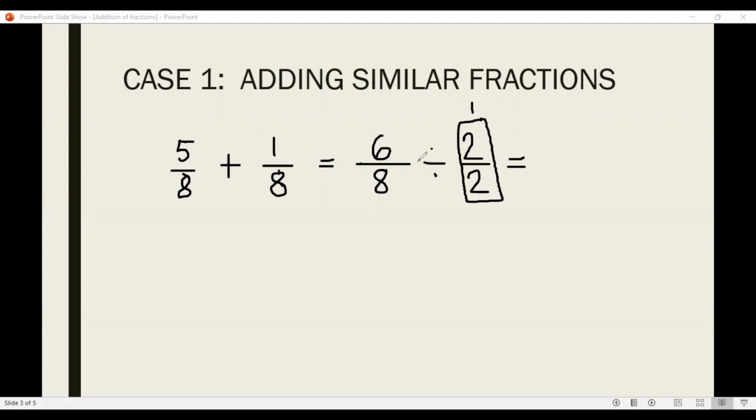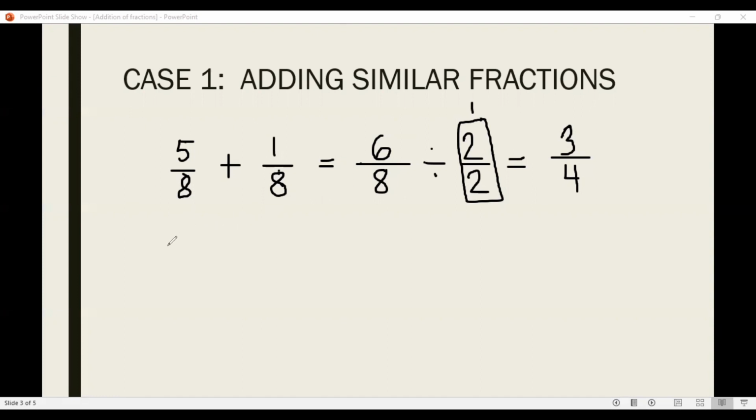So we are just dividing by 1, but in terms of a fraction, which is 2/2. Now, 6 divided by 2 is 3, and 8 divided by 2 is 4. So the answer that we are getting is 3/4. That's the sum for 5/8 plus 1/8.